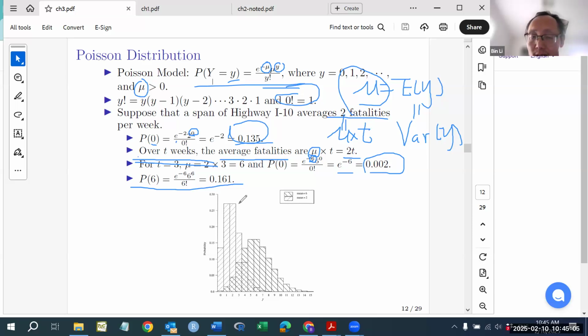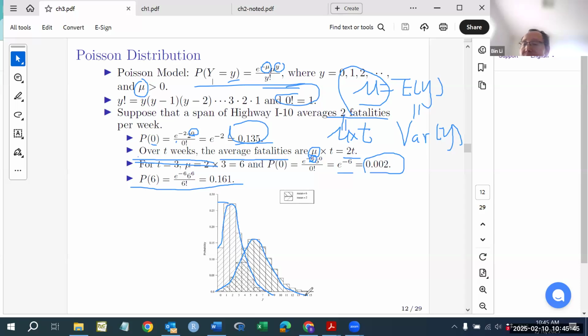This shows the expected fatality is 2. For the expected fatality of 2, you can see the distribution goes that way. That's for the Poisson with mu equal to 2. But if the Poisson has mu equal to 6 over 3 weeks, it follows this shape.